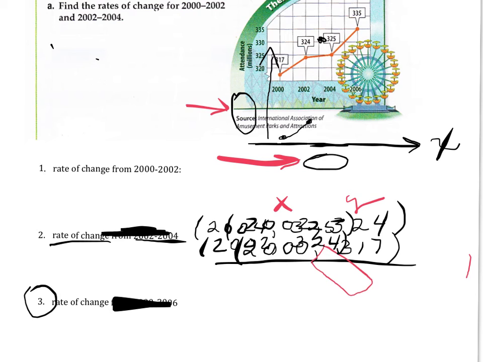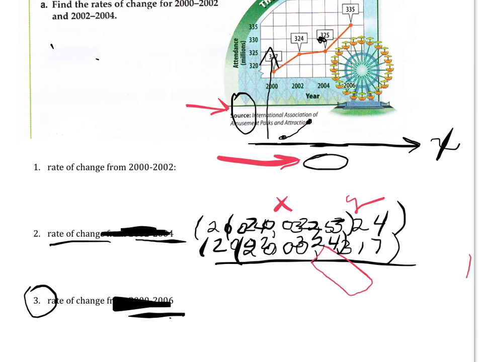So you need to calculate the rate of change from 2000 to 2006. Find the ordered pairs on the graph. Write the ordered pairs on your paper. And then calculate the rate of change. And don't forget the label. Stop the video, go do it, and then come back and check.